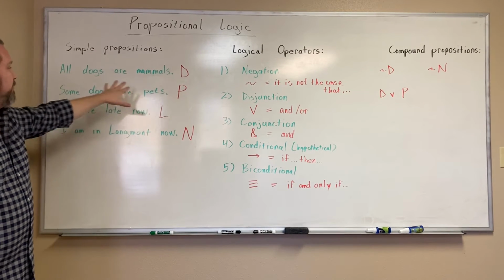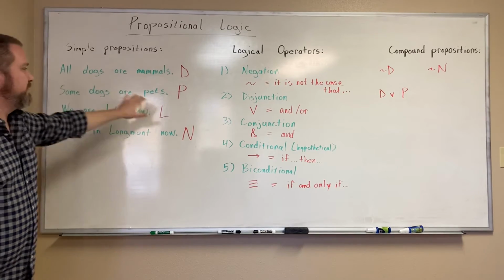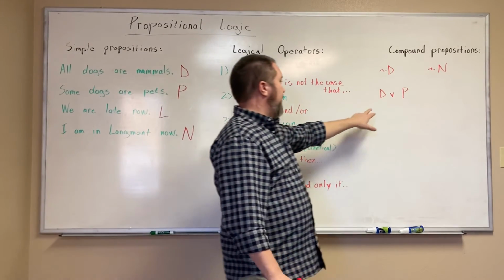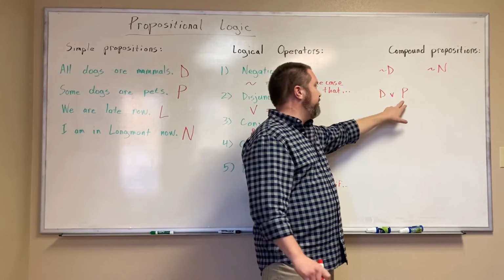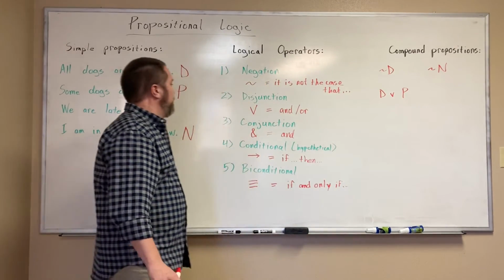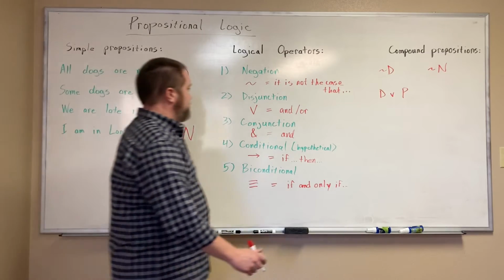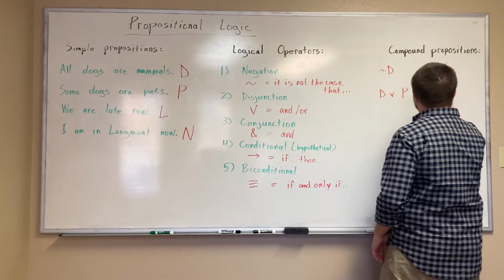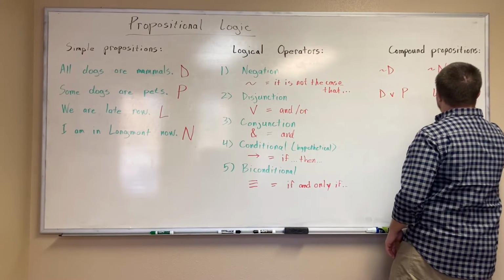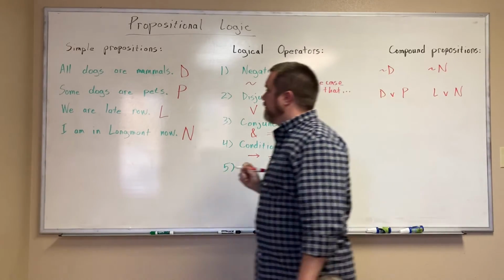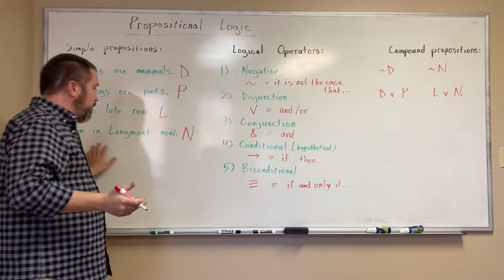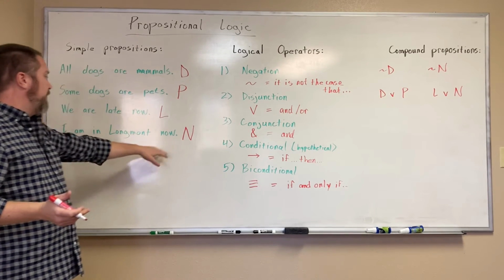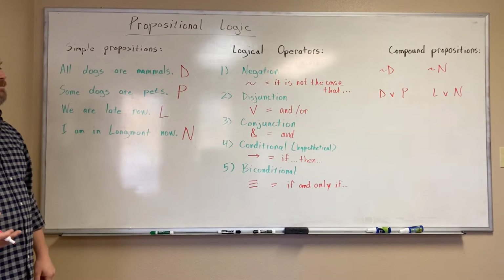Again, we'll get into truth values later, and that would be either D could be true, or P could be true, or they could both be true. We could also say L wedge N, which would be we are late now, or I am in Longmont now.